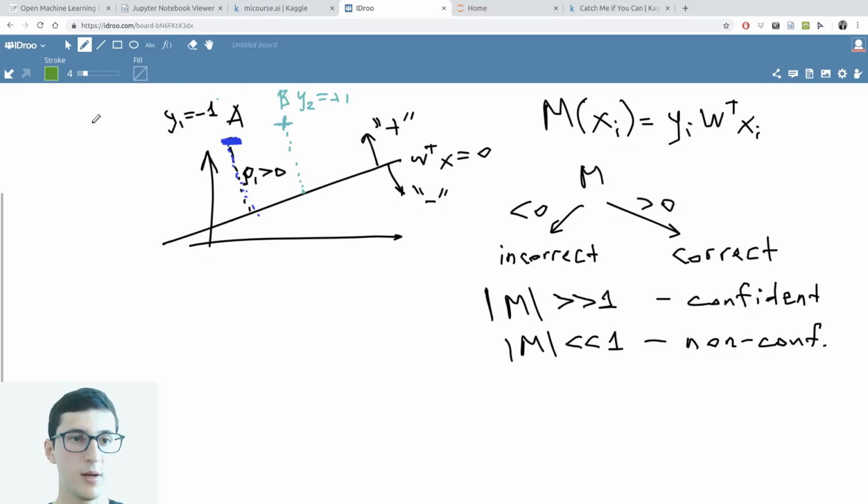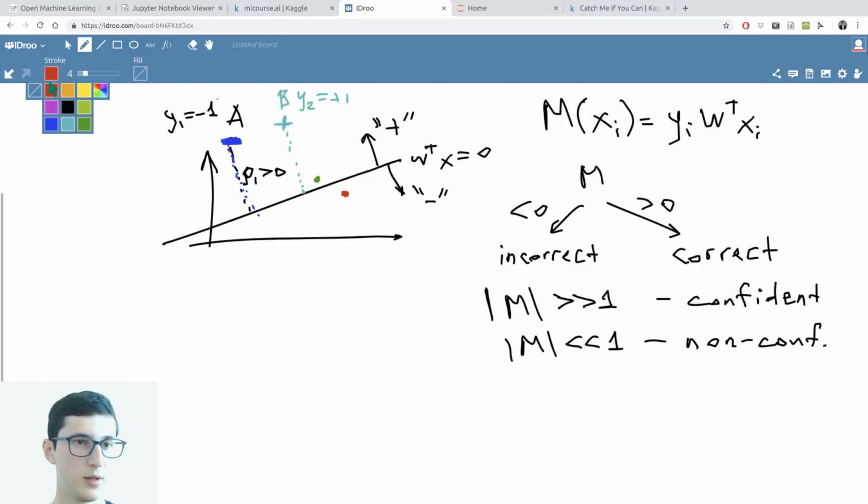But what if we have some instances, I'm confusing objects and instances, what if we have two instances very close to hyperplane, 1 and 2? We can say that the model is very non-confident in these predictions, and again it depends on the value of margin whether the model finally classified them correctly or not.